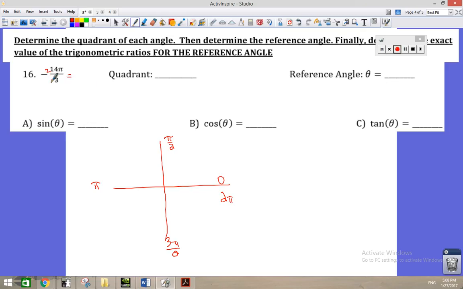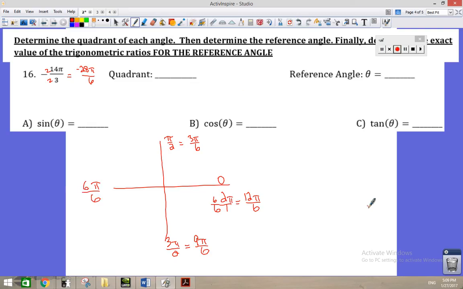I need to multiply by 2 over 2, negative 28 pi over 6, and 3 pi over 6, and 9 pi over 6, and 12 pi over 6, and 6 pi over 6. Sorry, I'm getting so sloppy because I'm trying to hurry.